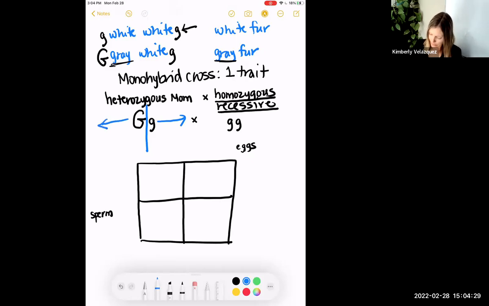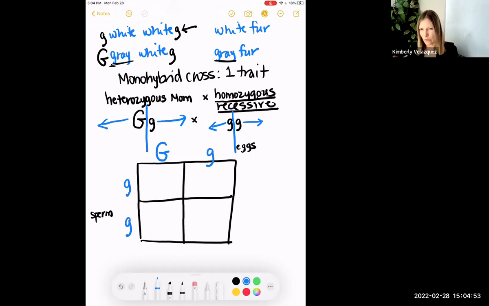So that means our possible eggs are 50% are going to get big G and 50% are going to get little g. In Dad, he's homozygous recessive. The only trait he has to give to sperm are little g. So 50% get this little g and 50% get the other little g during meiosis 1. So sperm, little g, little g.